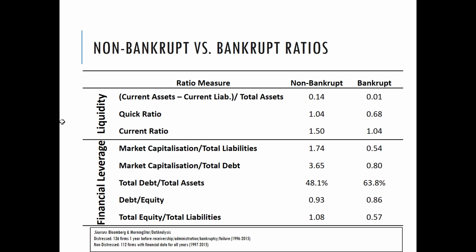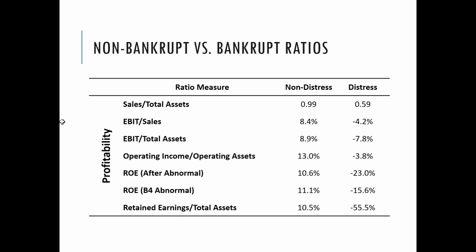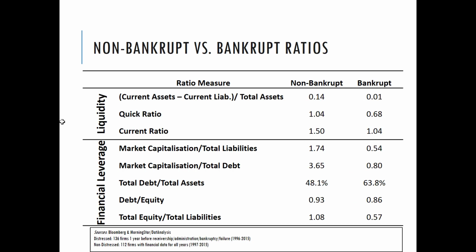So they tend to be more leveraged. If we're looking at profitability measures, it becomes slightly more apparent. For example, if we're looking at EBIT, so return on assets, return on assets for non-distressed firms should be positive. For those that are in distress, they're negative. So based on these types of relationships and general differences, we can start to understand how some of these models might work underneath.